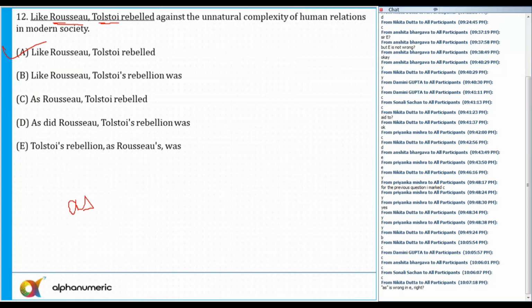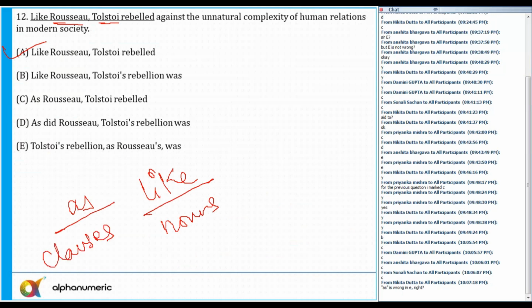I told you the difference between as and like, remember? When we compare nouns, we use like. When we compare clauses, we use as. Okay, what are clauses? When we compare one part of the sentence with another part of a sentence, then we will use as.